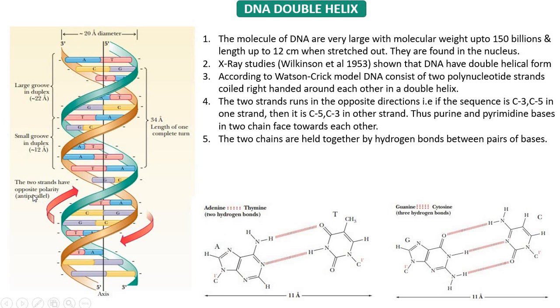And you can see that these two strands are opposite to each other. So the word used here is complementary to each other. Due to this complementary nature, the two bases come in front of each other, and there is hydrogen bonding between these two bases.